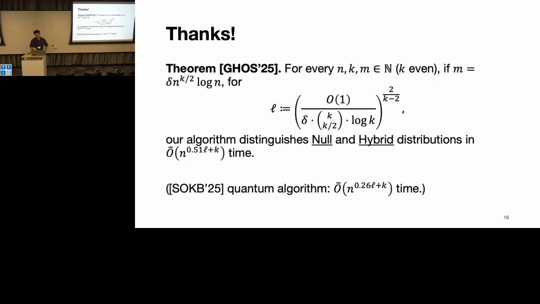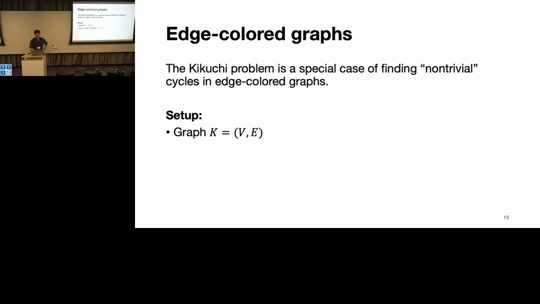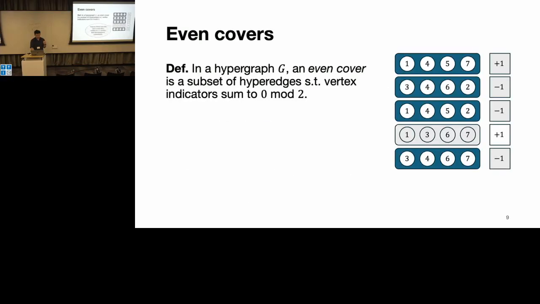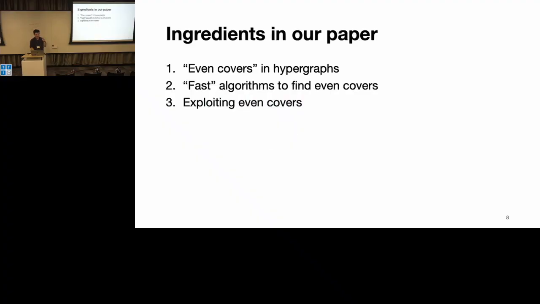What ends up happening is that we guarantee there are even covers of size roughly log n, and I hinted at, but didn't say anything about, an exploiting-the-even-covers aspect of this result, where we show that it's sufficient to find even covers.